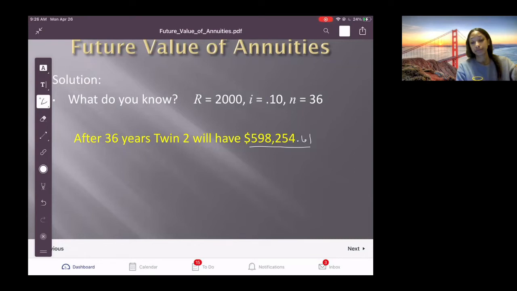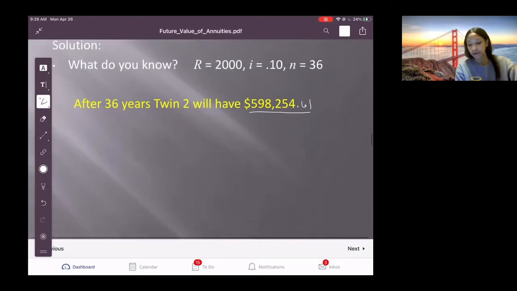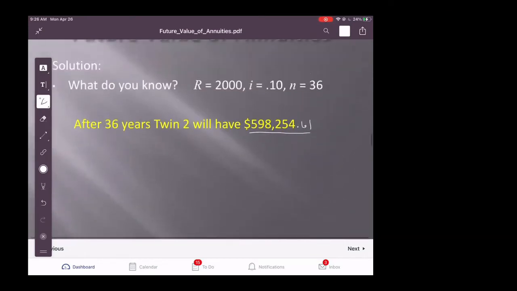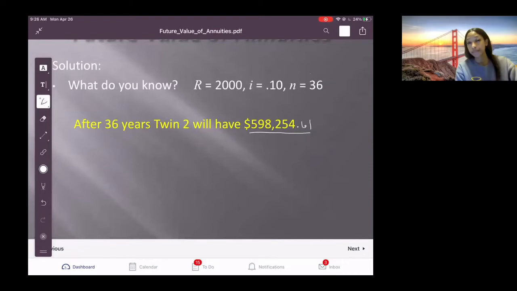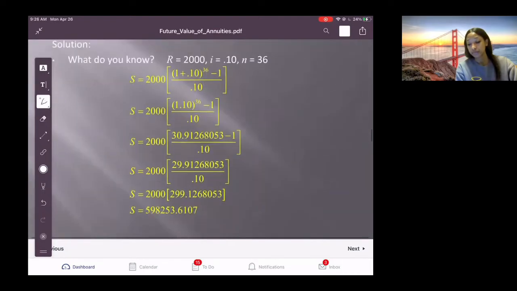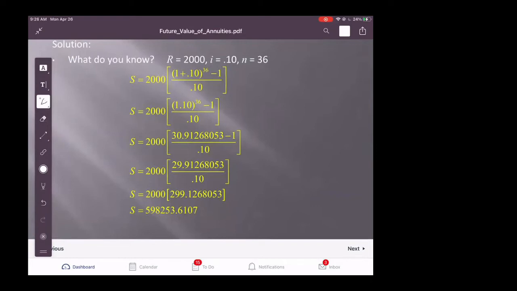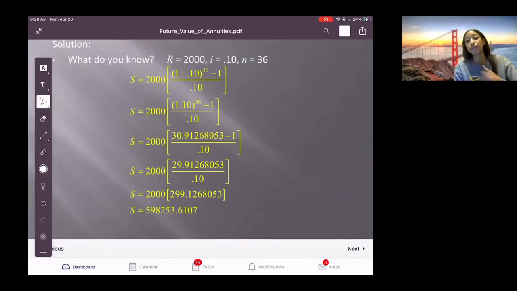I just have a question about the decimal. Don't round down or round up at all? Just keep that long decimal the whole time, right? Yes, until the very end of the problem. If you round in the middle of the problem, it'll throw off your final answer.